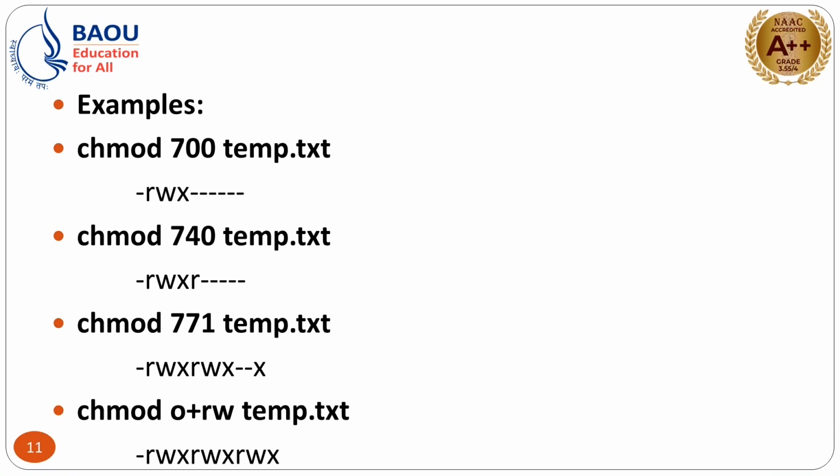To assign the permission you can use plus, and to remove the permission you can use minus. You can see on the screen that the example represents chmod o+rw. What does it mean? O means the other user gets read as well as write permission.